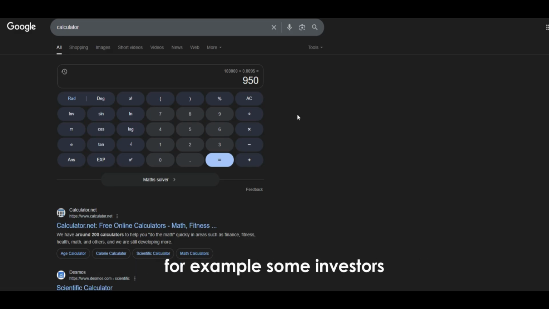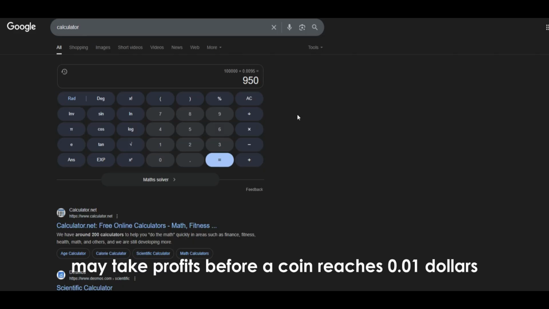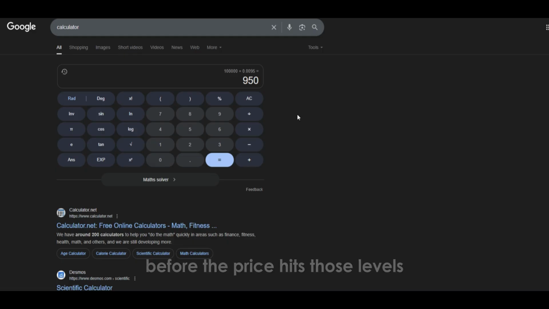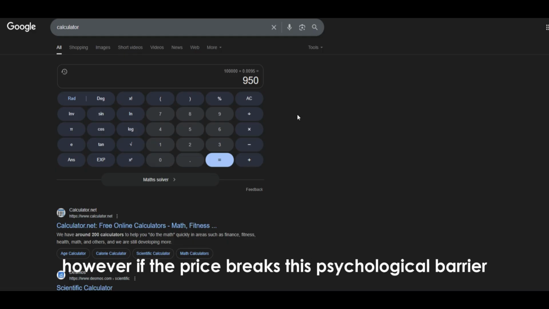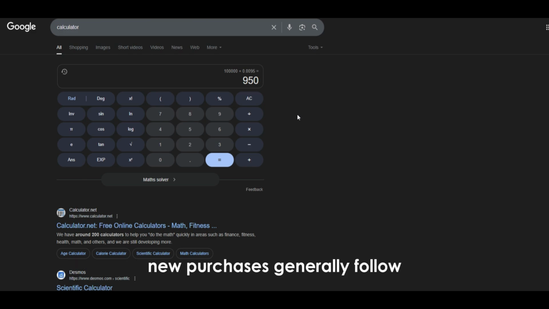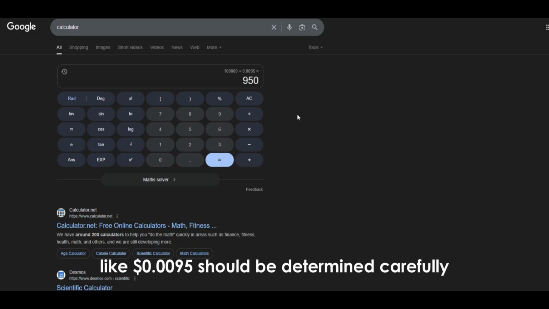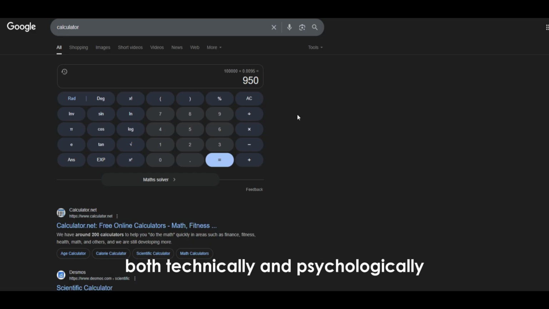For example, some investors may take profits before a coin reaches $0.01, causing a temporary correction before the price hits those levels. However, if the price breaks this psychological barrier, new purchases generally follow and the price moves to higher levels. Therefore, target prices like $0.0095 should be determined carefully both technically and psychologically.